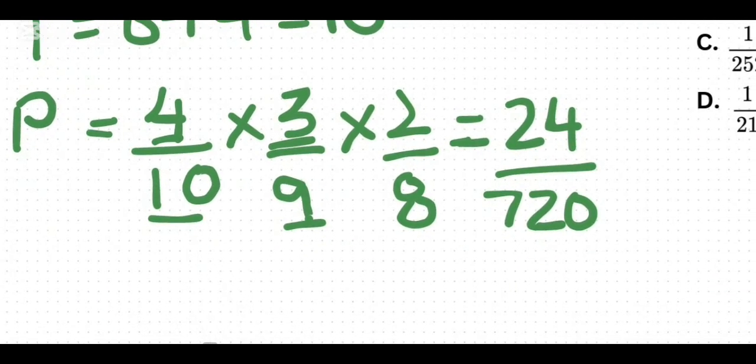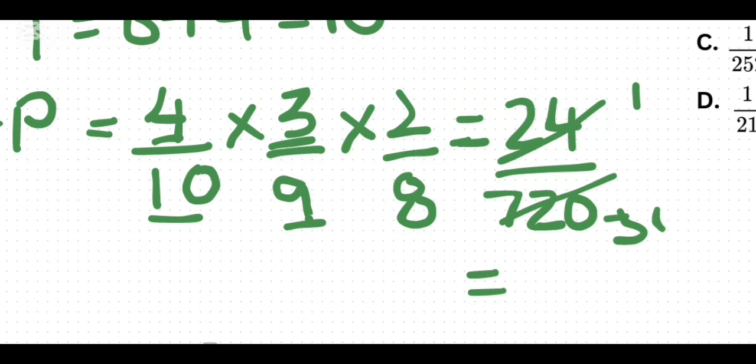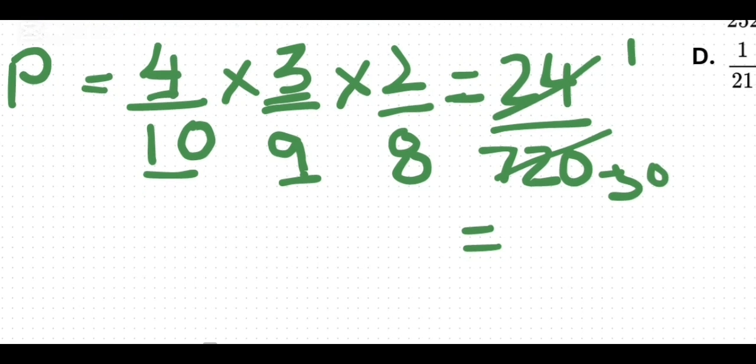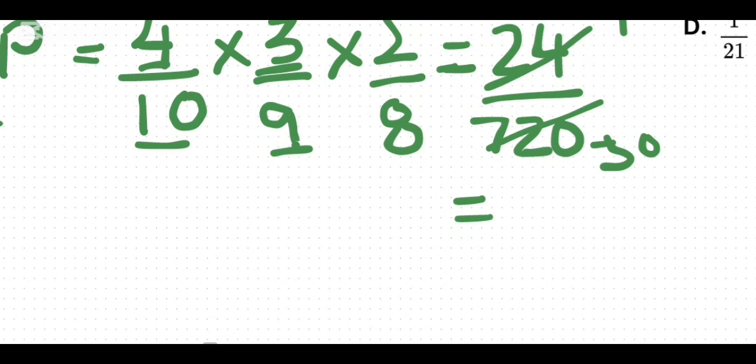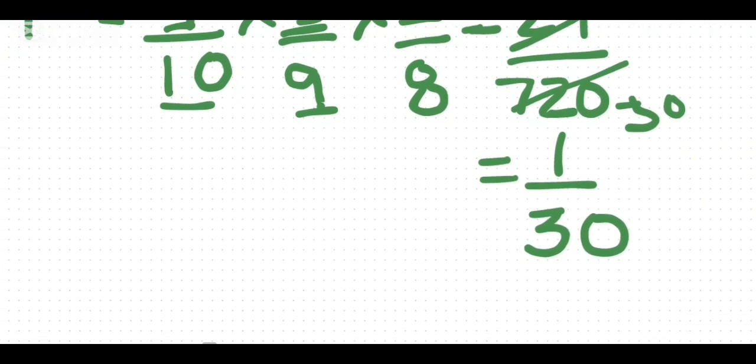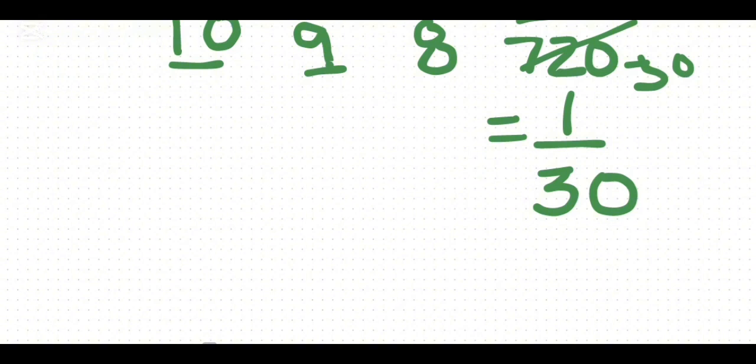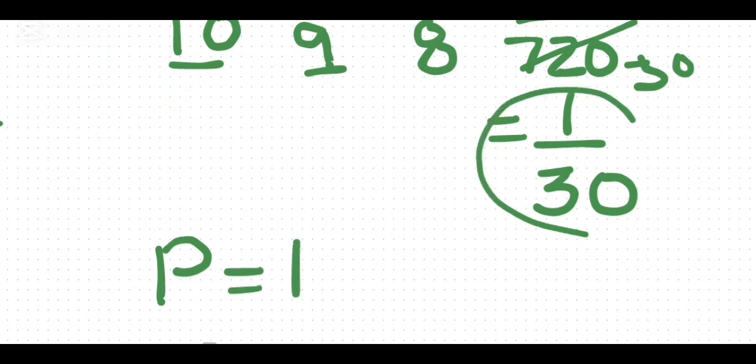So after cutting 24 out of 720, it becomes 1 out of 30. This is the probability of no red, right? So now we will calculate the probability of at least one red. So it is 1 minus p, where p is 1 out of 30.